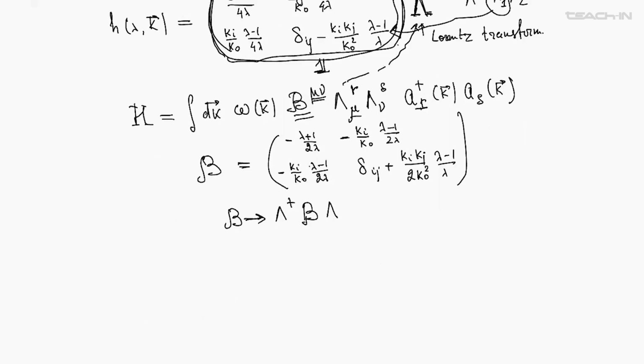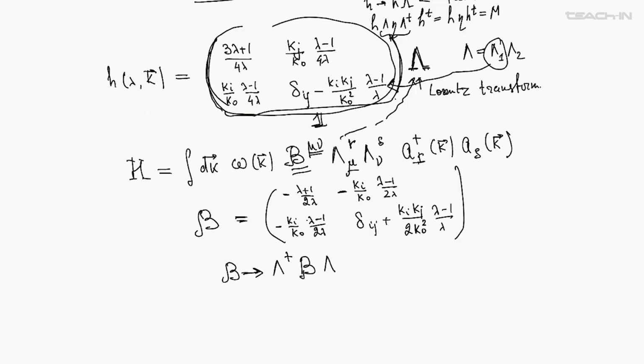And then the idea comes that maybe by picking up this Lorentz matrix lambda, you may bring this B to the simplest form. Because, as I said, under this lambda, B transforms.